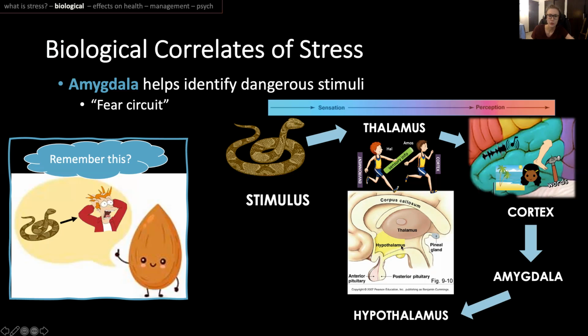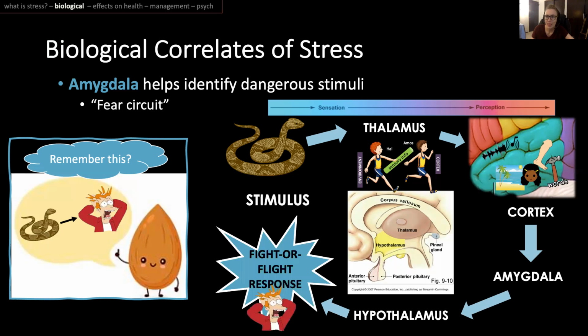So it is able to initiate this fight or flight response because it can release certain hormones, which we're going to talk about a little later, into your bloodstream to get your muscles to do a thing or your heart to do a thing, etc., and get your body to physically respond to that snake that you originally saw. So it's this cool pathway that covers, we've seen each of these different stages in isolation, but it's cool to see them all together, right?